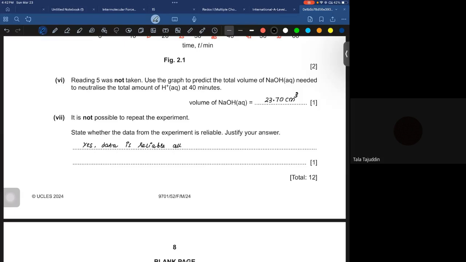Why? As all the points lie on the best fit line. Okay, that's it.